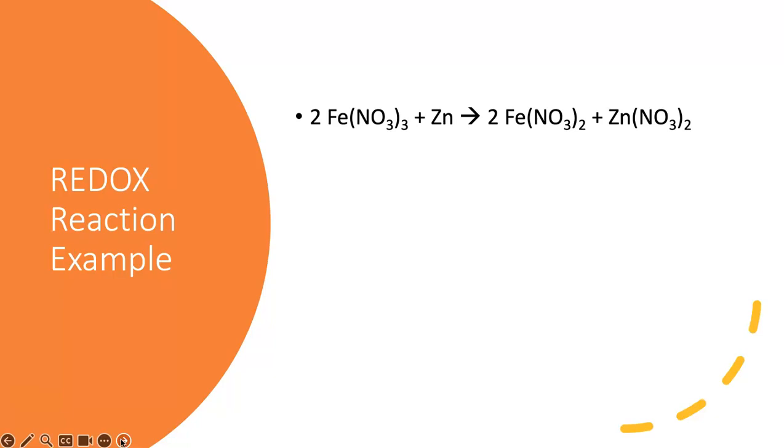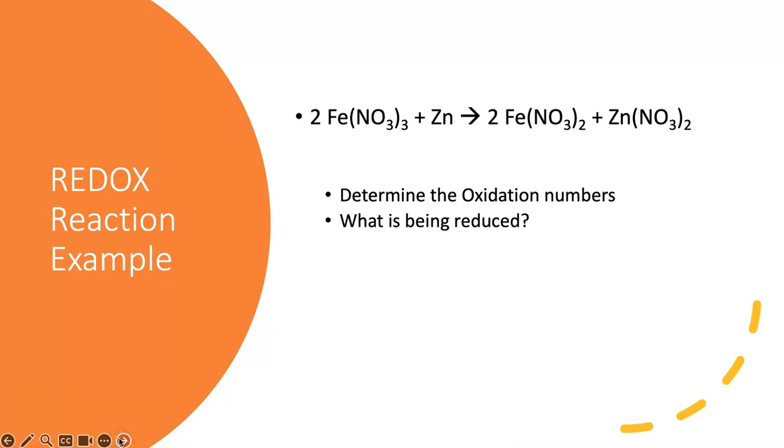Here's another one for you to practice and a great time to stop the video and see what you can do. All right, so taking a look at each one, how are we going to do that? Hopefully first you determined the oxidation numbers of each chemical species. Then you looked at what was being reduced, like by charge.